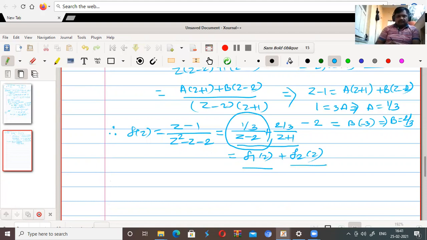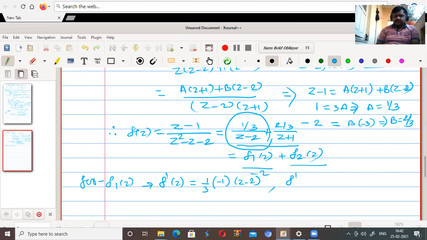Now, for f1(z), what is f dash of z? f dash of z equals 1 by 3 into the derivative of (z minus 2) to the power 1. So we get minus 1 into (z minus 2) to the power minus 2. This is the first derivative.